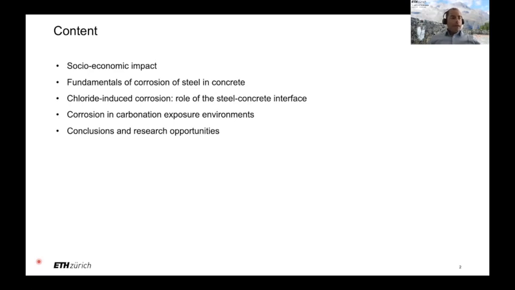And then I would like to speak first about chloride-induced corrosion, and in particular, the role of the steel-concrete interface. And secondly, I would like to speak about corrosion in carbonation exposure environments. And also there, we will focus on the steel-concrete interface. I will then conclude with some highlights and further research opportunities.